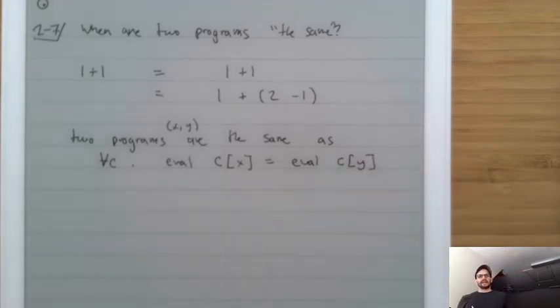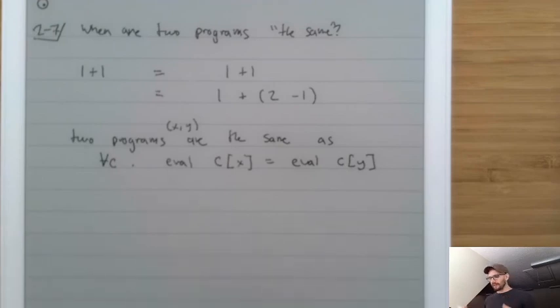This is essentially saying 2 programs do the same thing. Imagine any other program in the whole world that is missing one little piece. On one side, we fill it in with x, and on the other side, we fill it in with y. And after we fill it in with the 2 different things, if they still behave exactly the same, then the programs mean the same thing.